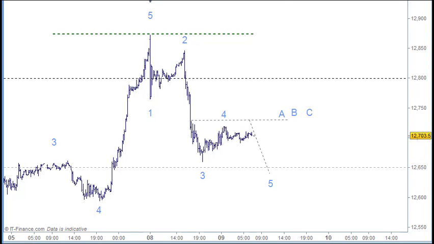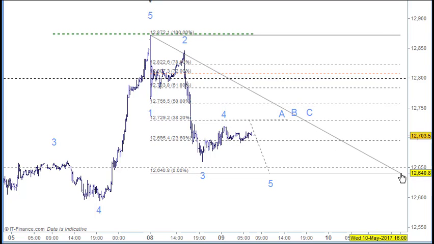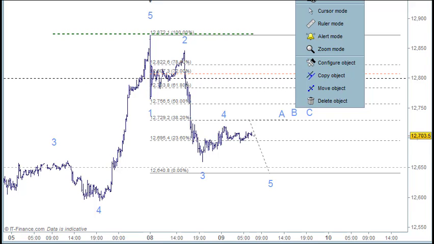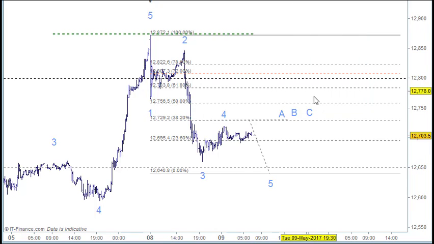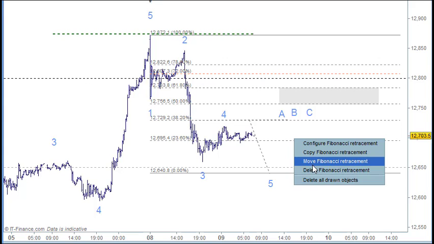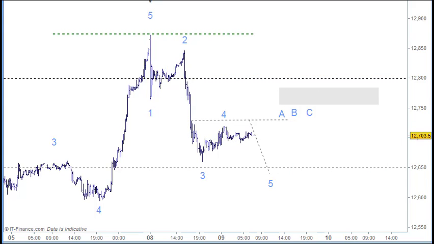So what we'd be looking for, from this top here, let's just say a little bit below there, but we could put it on there, is the 50-60% retracement level. So we're in this space here, and we would be looking at that in terms of 3 waves.